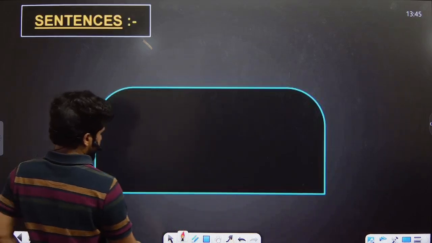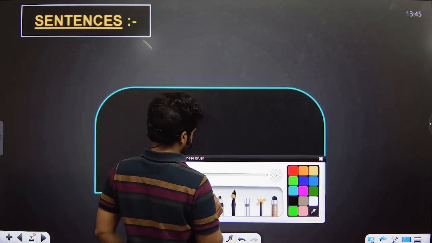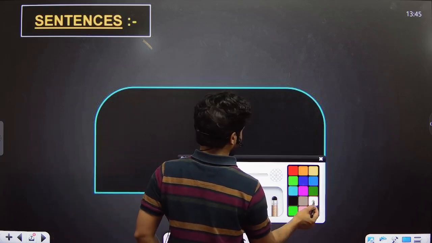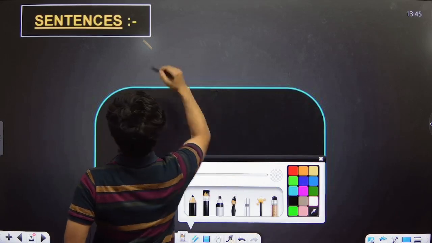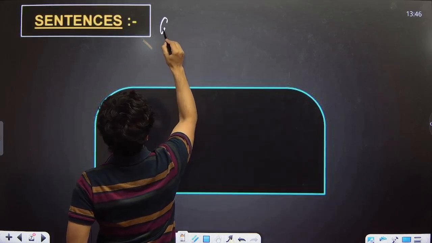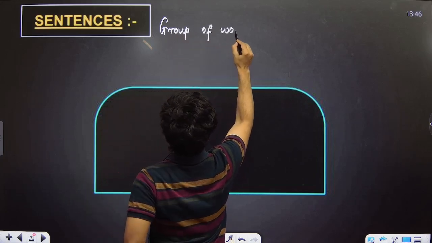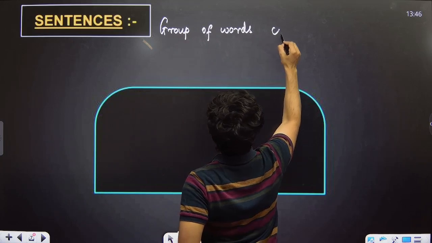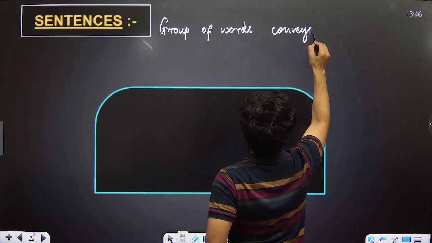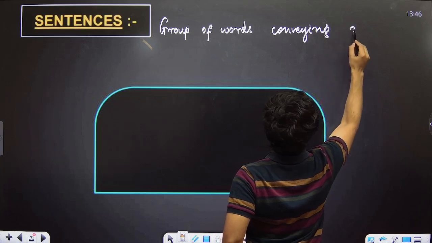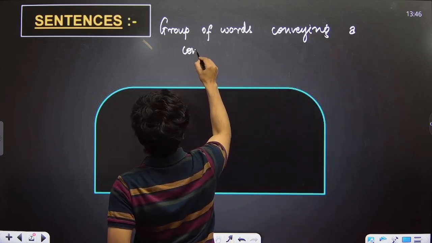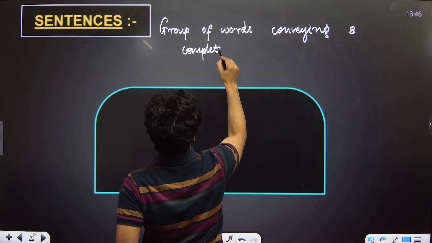So we have seen sentences: a group of words conveying a complete sense.